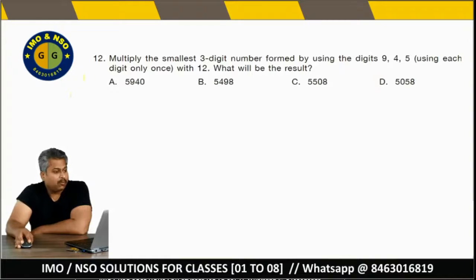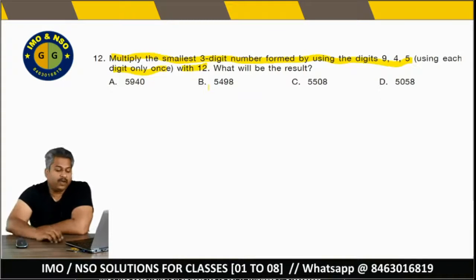Okay, so question number 12 says multiply the smallest 3-digit number formed by using 9, 4, 5 with each digit only once with 12. So we have to form a 3-digit number from 9, 4, 5, and it should be the smallest, and we have to multiply it with 12.